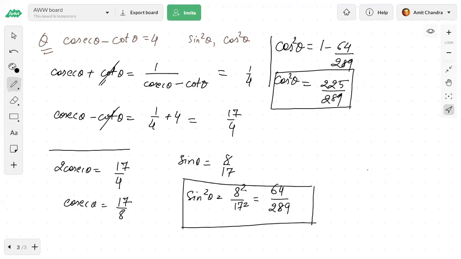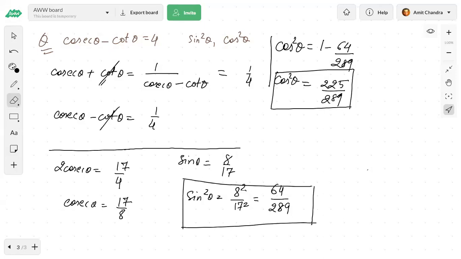So 1 by 4, then I add these two. So this is 1 by 4 and this is 4, right?